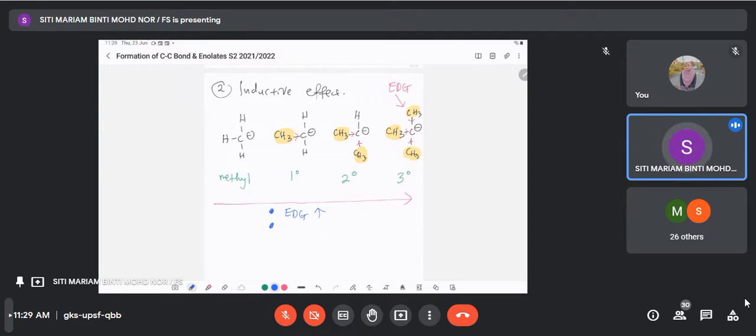So what does EDG do? EDG donates electrons to your carbanion, which already has a negative charge. It's already rich with electrons. When EDG donates electrons to your carbanion, it will destabilize the carbanion.